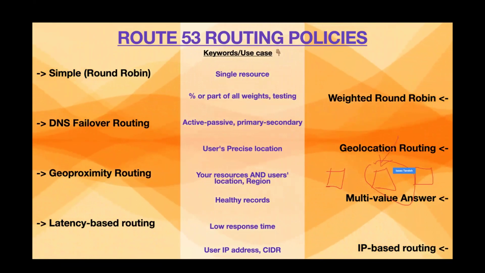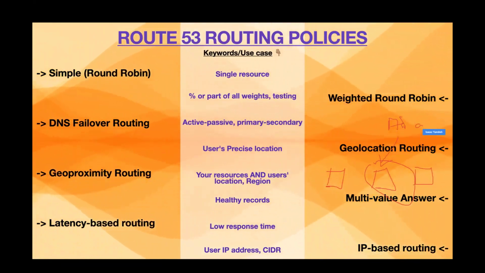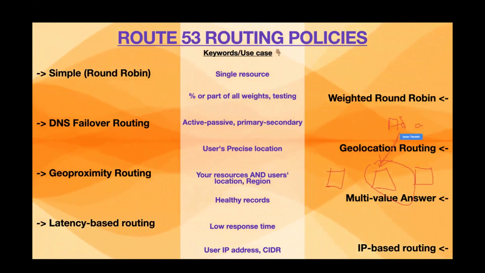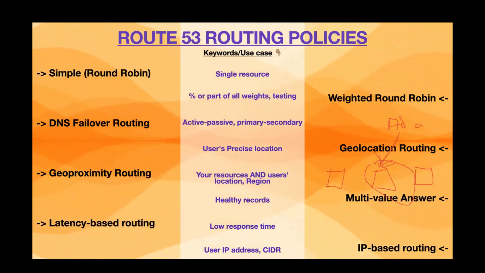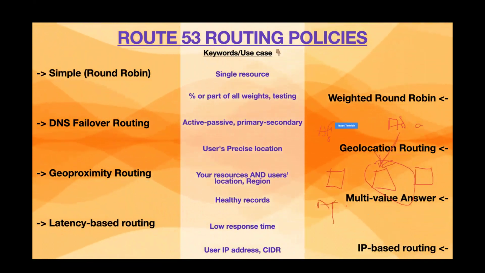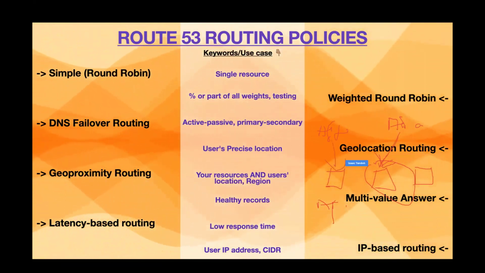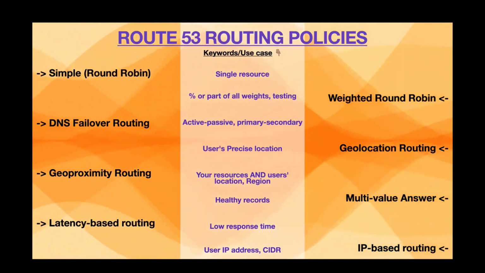But I can say that if you are in Asia, route all Asia traffic to the server in the UK. That solely depends on you. And then let's say this one is in Africa, but I want people in America, in the States, to be routed to the server in Africa. That depends also. It's mainly on your location.